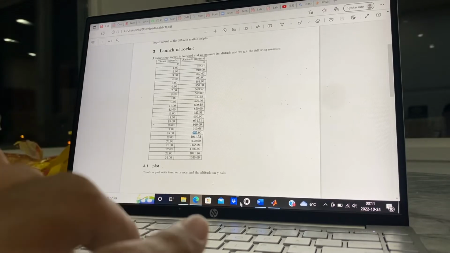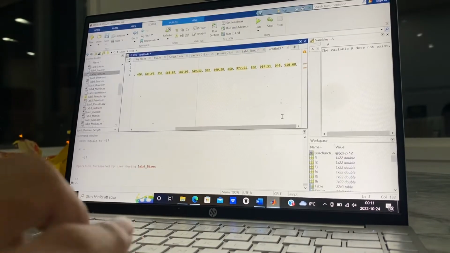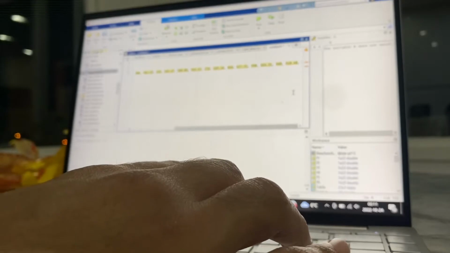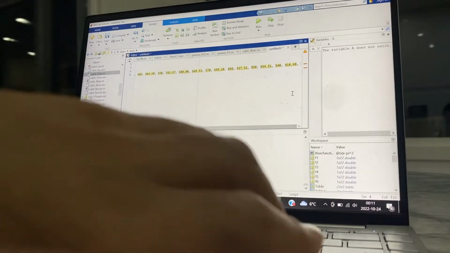Almost done here. Putting in altitudes, meters.